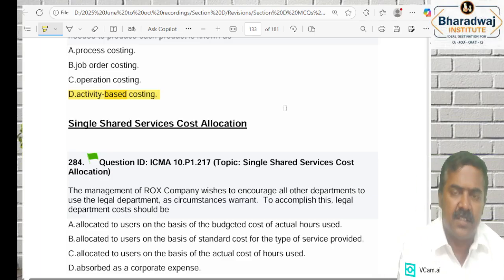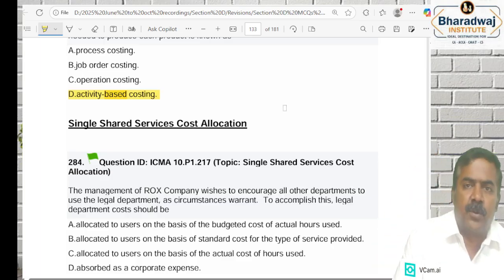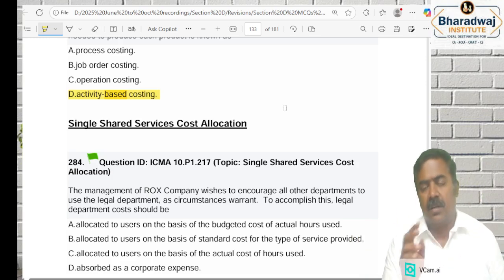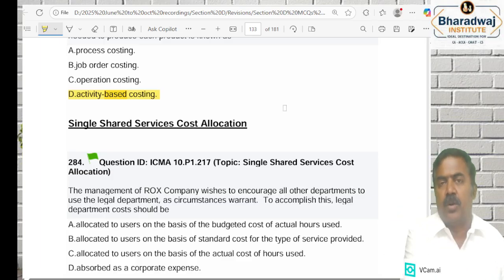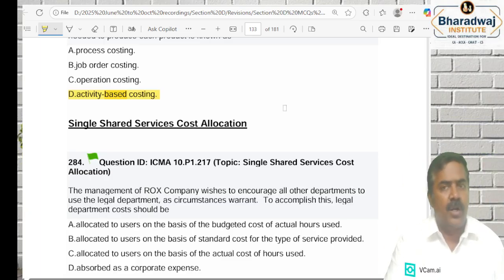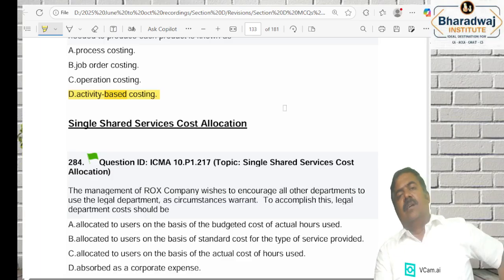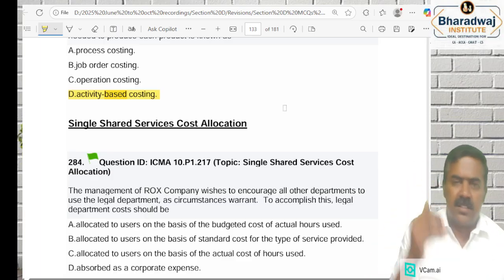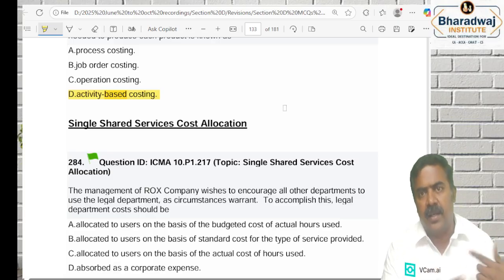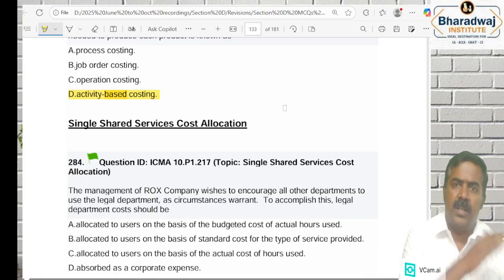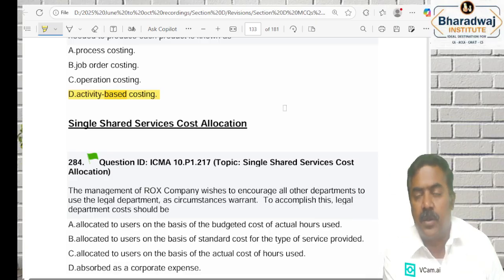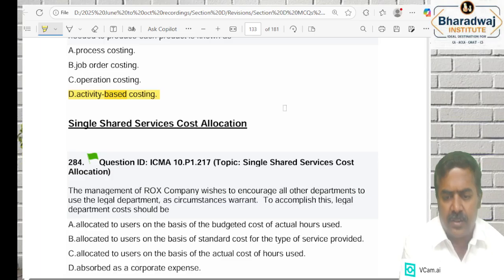If it is non-reciprocal service, A will render service to B, C as well as PQRS. B will render service to C and PQRS, but not to A. C will render service to PQRS only. That is called non-reciprocal services, the step-by-step method. When two departments mutually exchange services, A renders to B and B renders to A, that is called reciprocal services, where we can form an equation and solve.